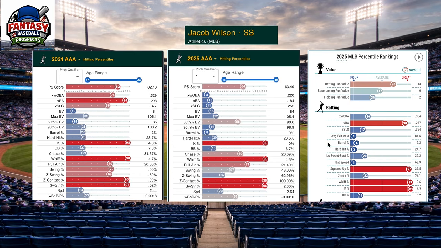But I think this helps us see, through the Prospect Savant data, at what point in the minors something like hard hit rate or barrel rate really levels out to what we can expect or project for a player who reaches the majors. Because it's absolutely obvious, even based on AAA data here, that Kevin McGonigal has potential for more hard hit rate and more barrel rate than Jacob Wilson.